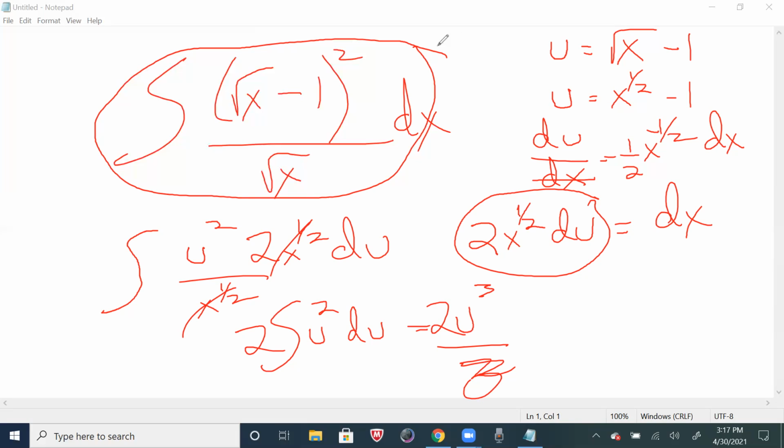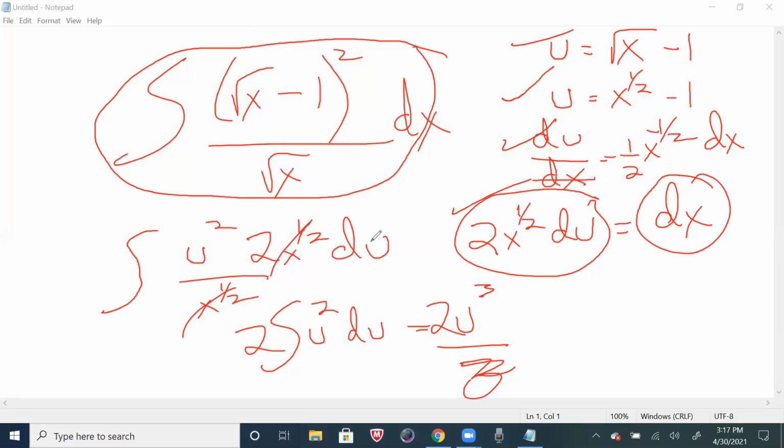I mean, they kind of teach it in a slightly different way, where I really don't like the way it's taught. It does save a step, but it makes it harder to understand what's going on. To me, if you just do straight u substitution and go step by step, now wherever you see dx, you can substitute 2x to the 1/2 du.